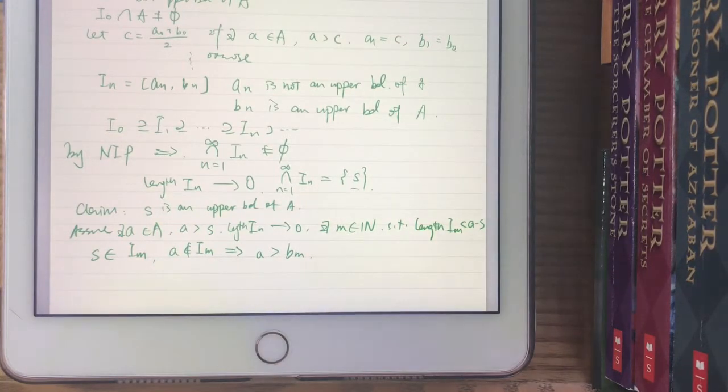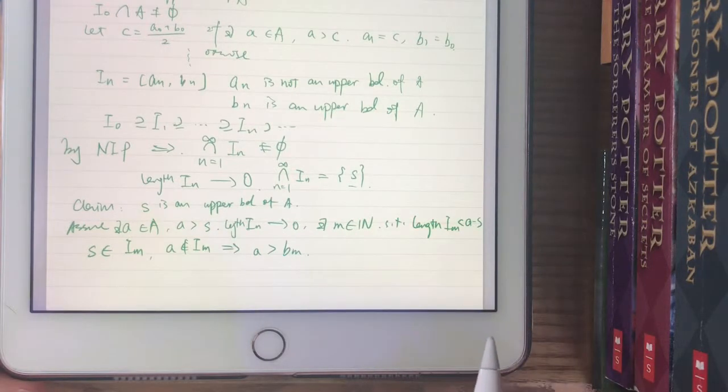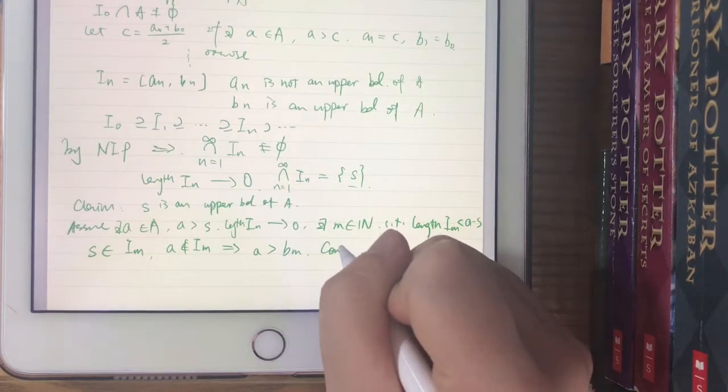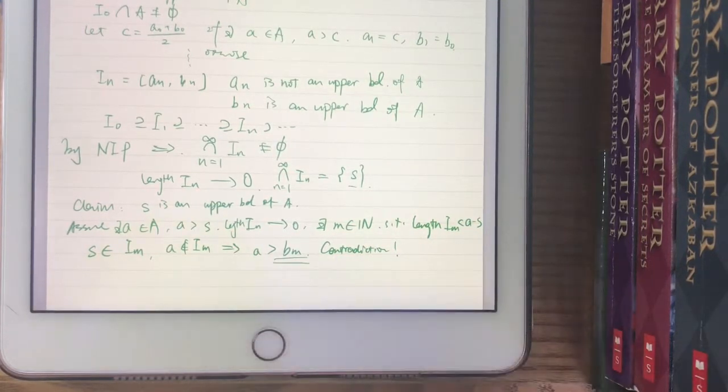Because BM is the upper bound for IM. But this is a contradiction, right? Because BM is an upper bound of A, and if you find some element A that is larger than BM, then it's not possible. BM cannot be an upper bound. Contradiction, right? Because Bn is an upper bound of A.